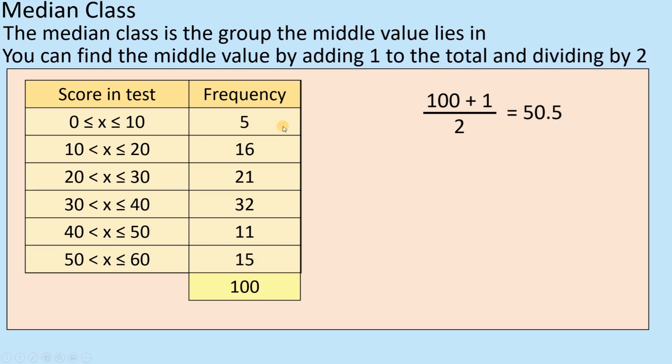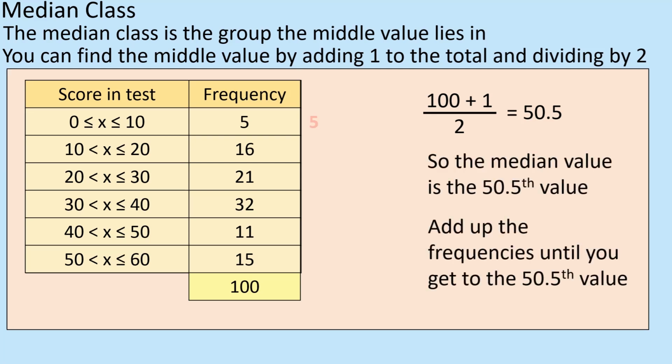Anyway, to figure out where the median, or the median class, is, we're trying to find where that value would actually fall. So we're going to count up as we go. The first 5 is 0 to 10. We add another 16 onto that, so my first 21 are between 0 and 20. It's a bit like cumulative frequency, isn't it?